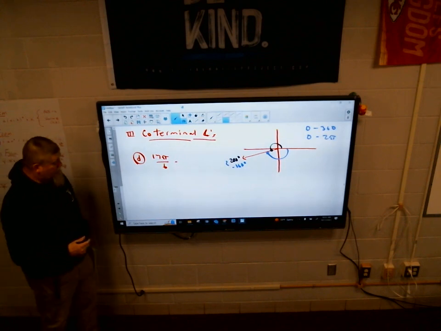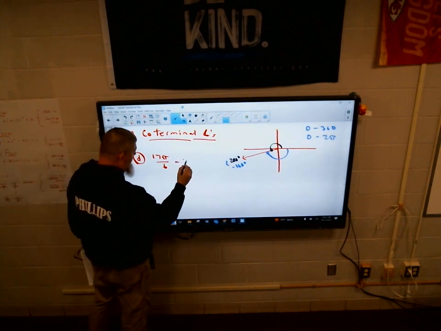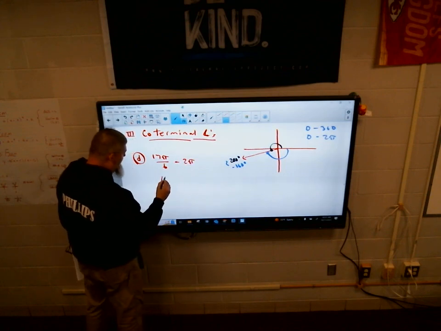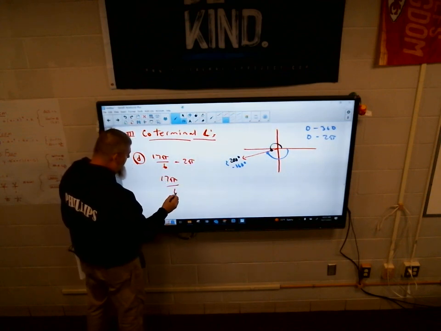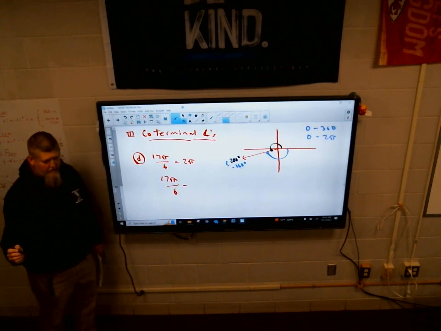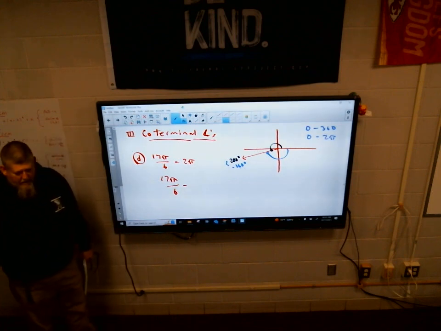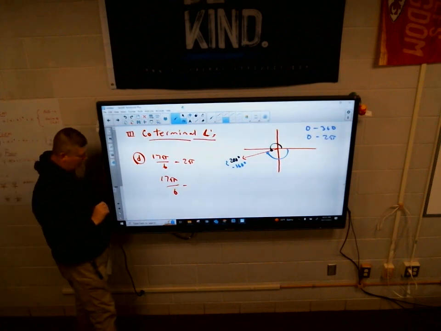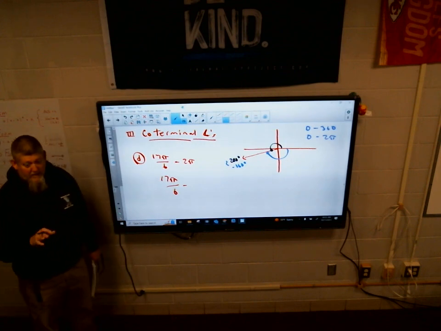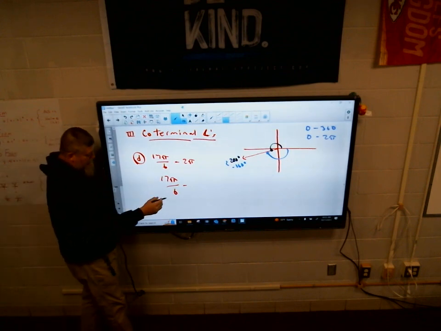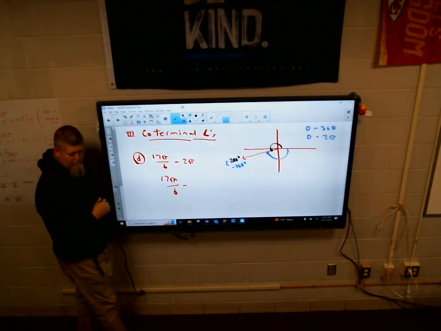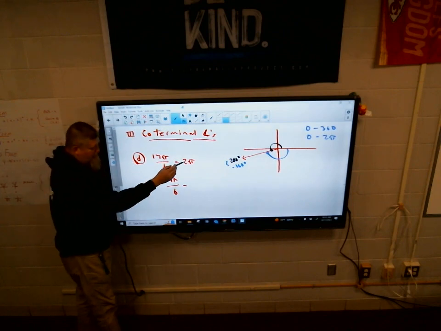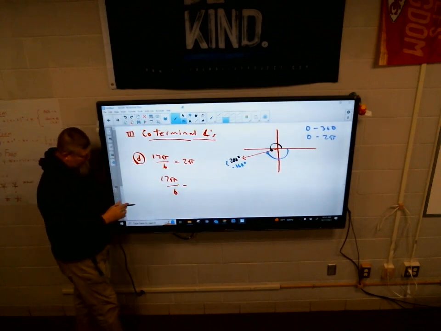I want to subtract 2 pi, but I have to have a common denominator. So what am I going to subtract? Not going to subtract 6. 6 is my common denominator. Remember, I have to have 2 pi with a denominator of 6.